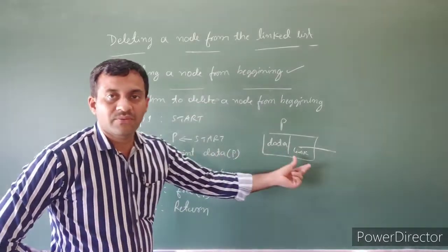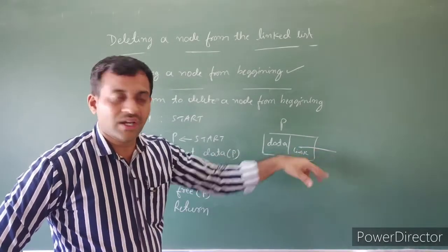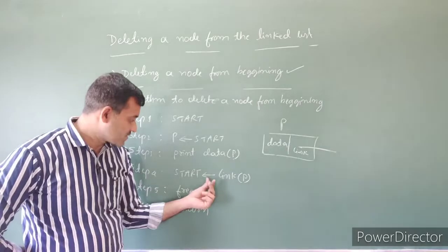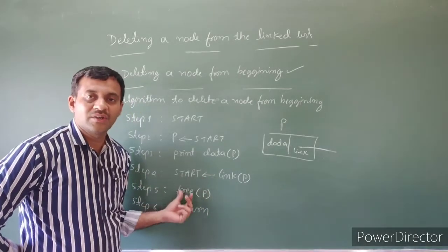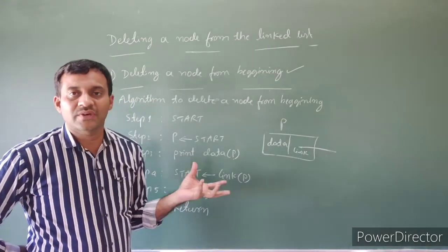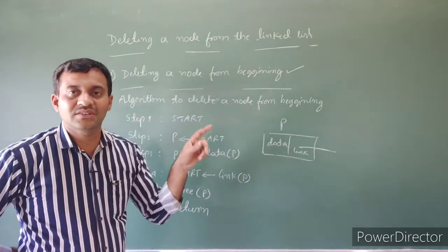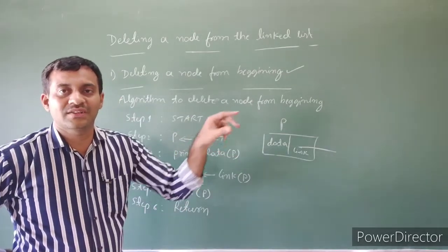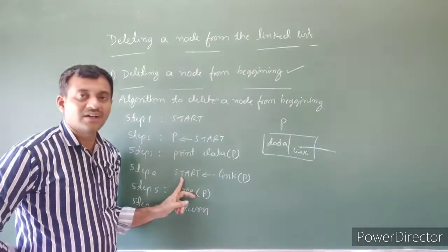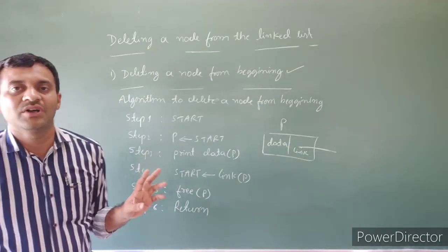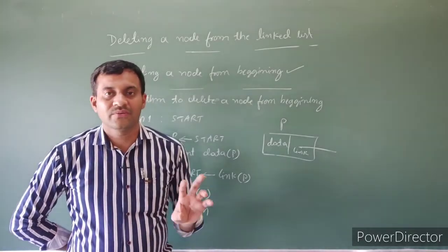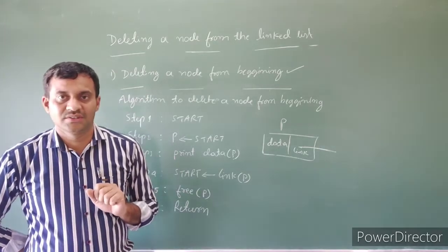Then the link part of p stores the address of the second node. That address is assigned to start. Then we remove p. P refers to the first node, so automatically the first node is removed. We store the address of the second node in the starting address. It is a simple algorithm to delete a node from the linked list.